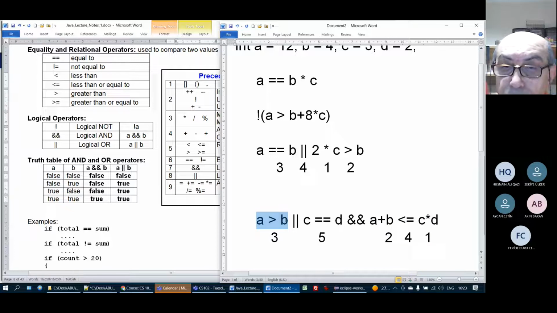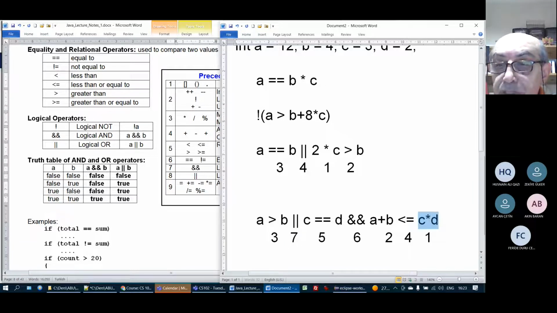So true or false, OR true or false, AND true or false. Which one will be done first? Between AND operator and OR operator, AND will be done first. So let's put here 6 and here 7. Okay, this will be the order of execution.